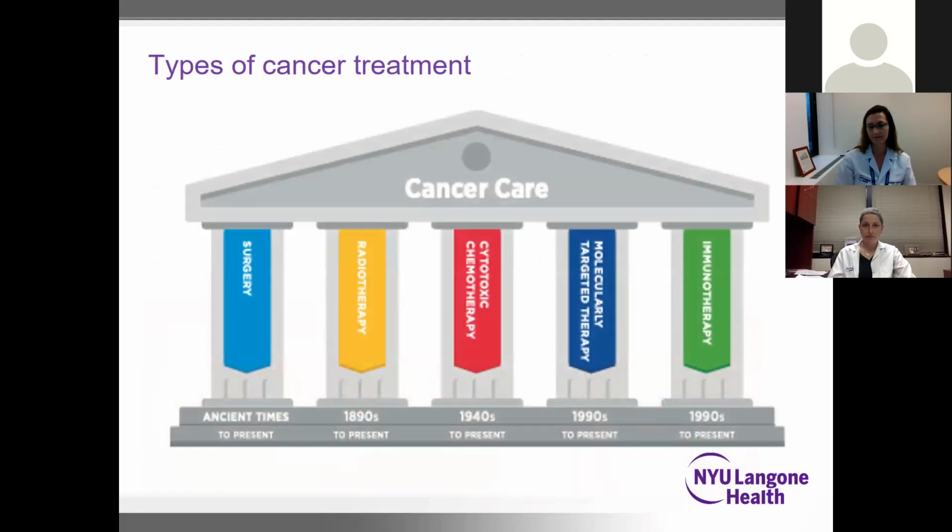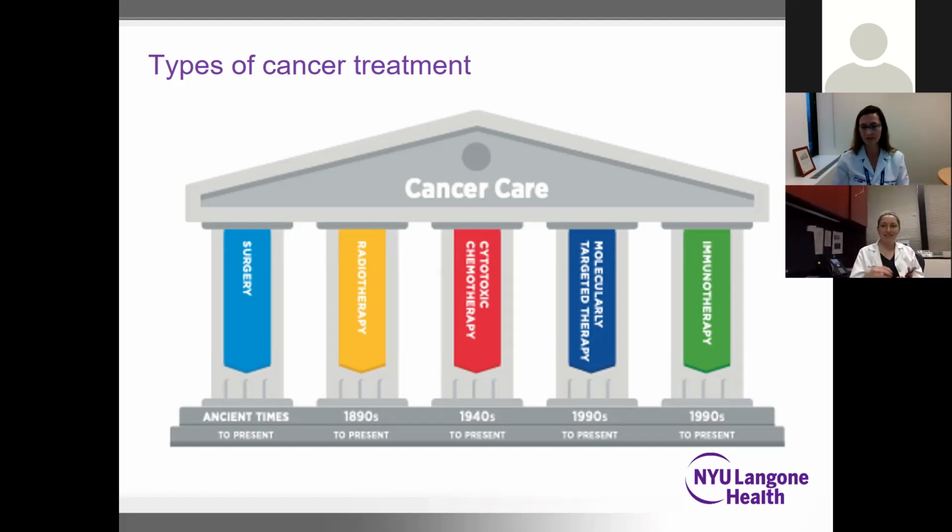There are lots of different ways we can treat cancer, and those include surgery, radiation therapy, chemotherapy, what we call molecularly targeted therapies, which are medications that have a very specific target, and then immunotherapy, and we'll talk a little bit more about that. Any combination of these could be used to treat your specific cancer, and it depends on a lot of different factors that your doctor would take into account in terms of what sequence of treatment or which of these, but not everybody needs all of these types of treatment for their cancer.